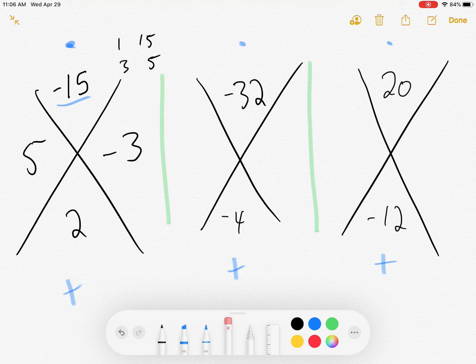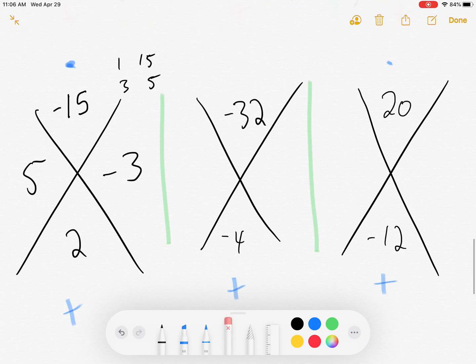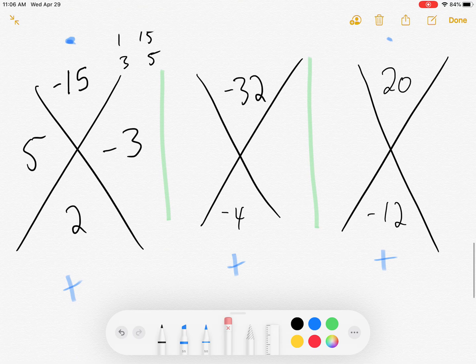Okay, let's move on to the next one now. We are looking for numbers that multiply to negative 32, and they have to add to negative 4. So what are numbers that multiply to negative 32? Well, 1 and 32, 2 and 16, 4 and 8.